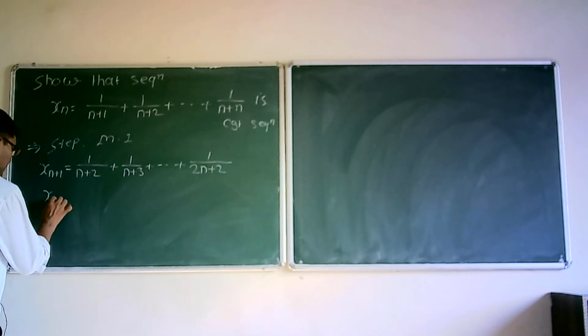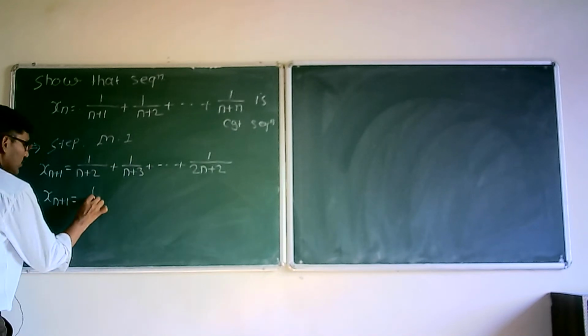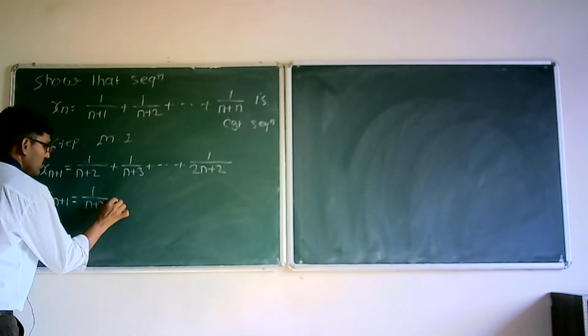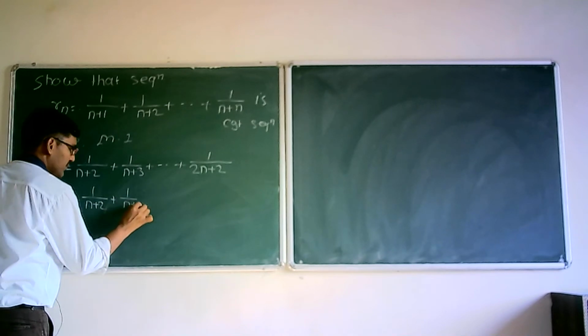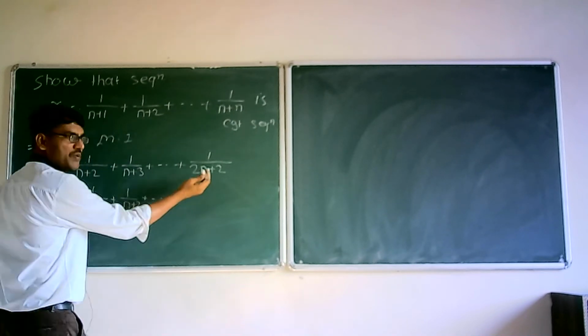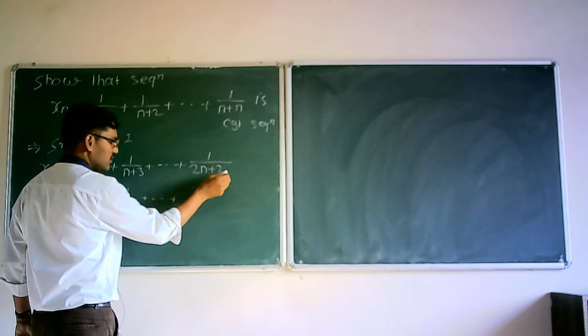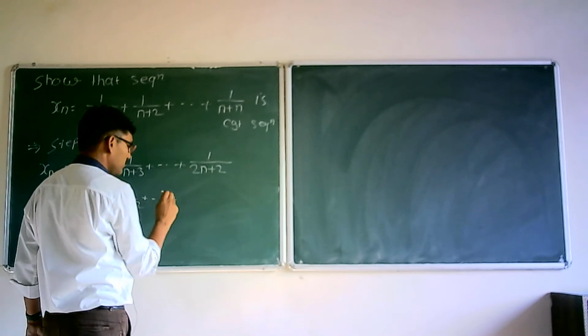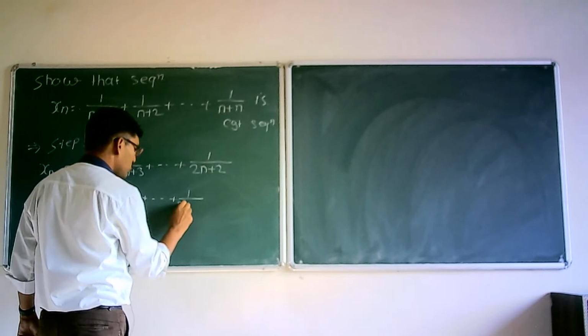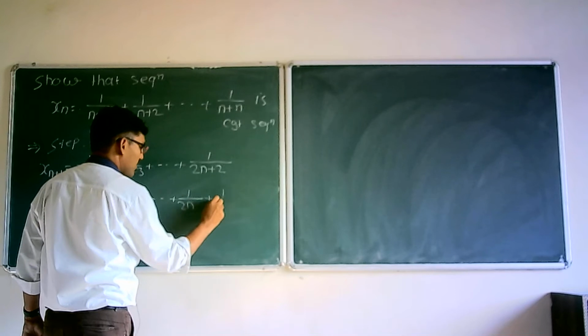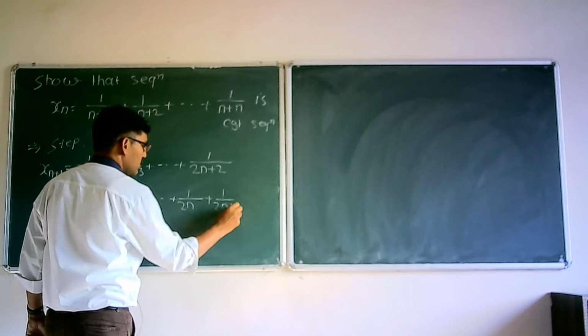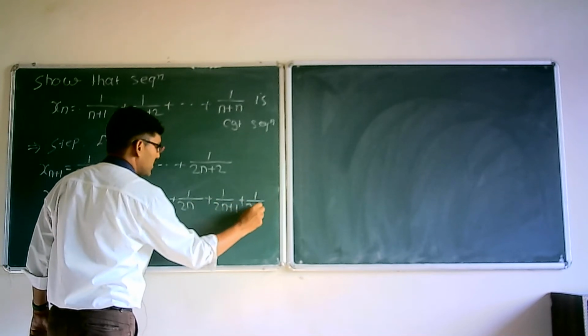This xn plus 1 can be written as 1 upon n plus 2 plus 1 upon n plus 3 plus dot dot dot. What is the previous term of this term? The previous term is 1 upon twice n plus 1 upon twice n plus 1 plus 1 upon twice n plus 2.